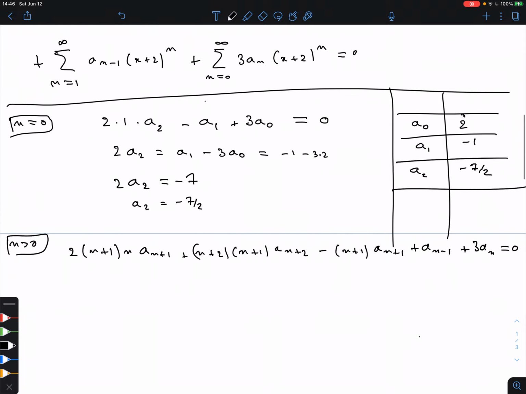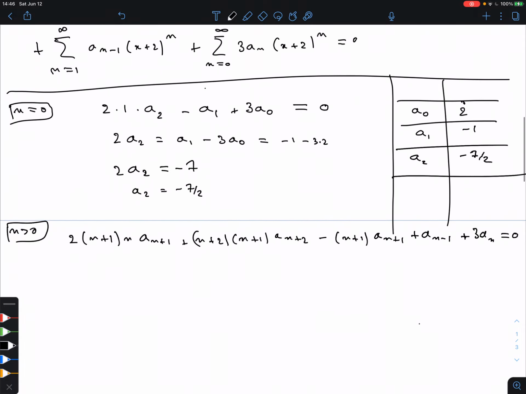Now we can group like terms. So for instance, we have these two here, right? These are both an, I mean, group like terms, the a's. You're looking at the a's and gathering the terms that have the same subscript, right? So we have here 2n plus 1 n and minus n plus 1. So in fact, I can factor out an n plus 1.